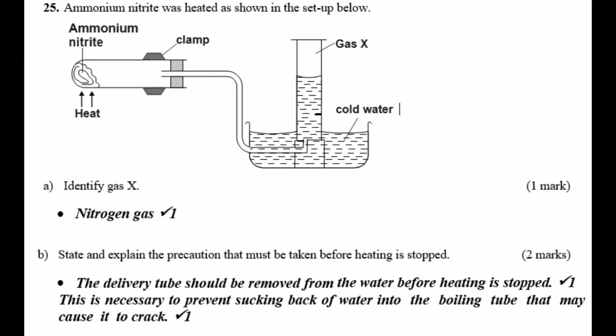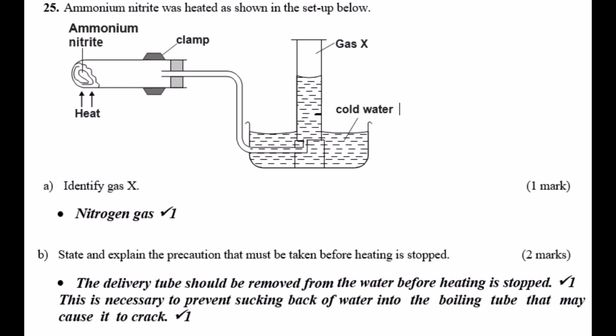Question number 25. Ammonium nitrate, when heated, the gas that is evolved is nitrogen gas. You should go to the book and get the chemical equation for that. Then we state why heating should be stopped. What should be done before you stop heating?